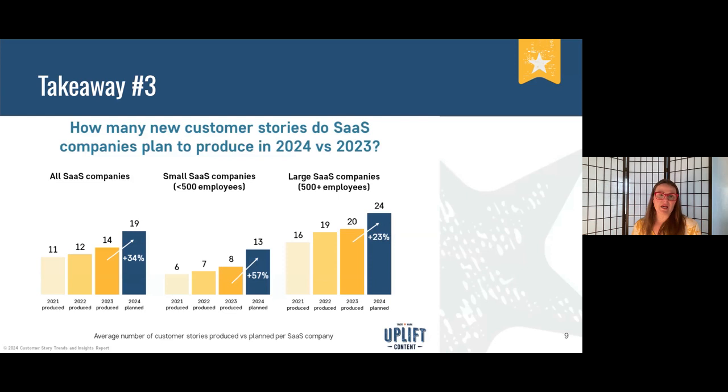We also broke it down into smaller companies versus larger SaaS companies. So for smaller companies, you can see that the planned number of stories is 13 versus for a larger company of 500 or more employees, the planned number of stories is 24. So that's interesting to see.